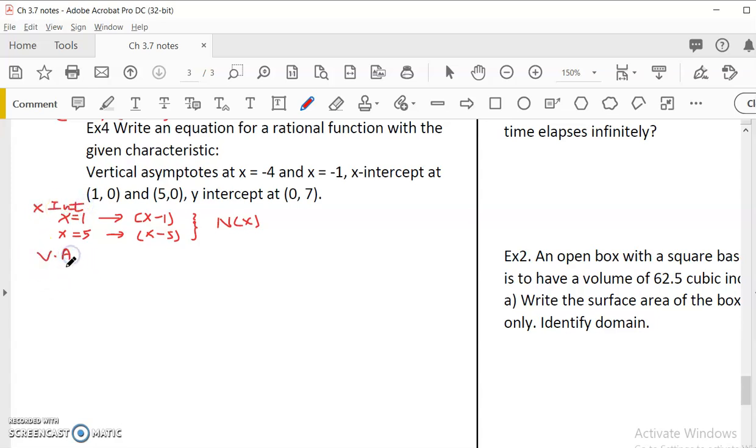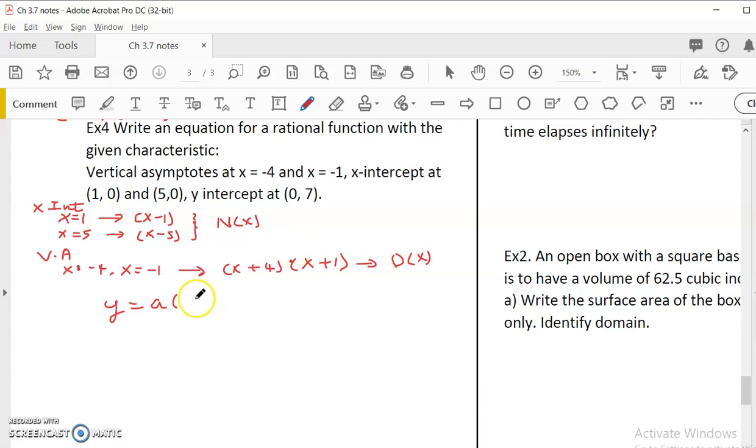And then for the vertical asymptotes, we have x equal to negative 4 and x equal to negative 1. So that means I would have x plus 4 and also x plus 1 in the denominator, d of x, right? So we can write it out. y equal to a, with a coefficient.